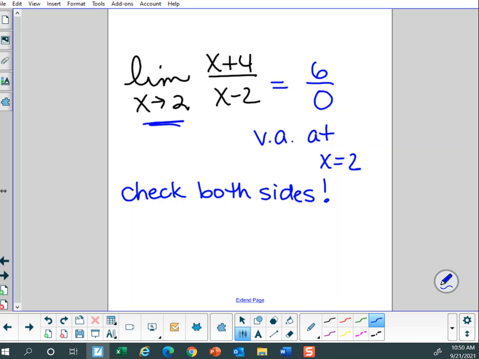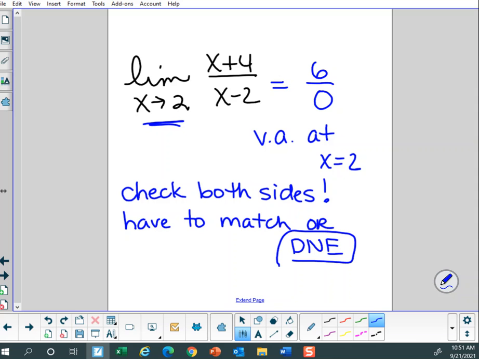It doesn't say 2 on the right or 2 on the left. It just says 2. So you got to talk to me about both sides. And if the two sides don't match, then we're going to say D and E.